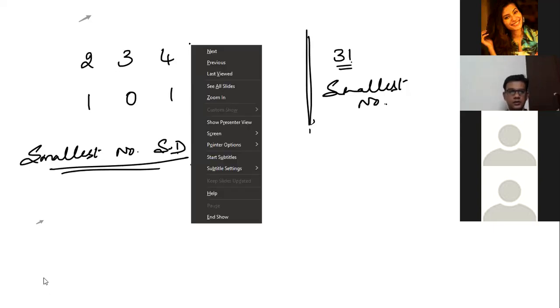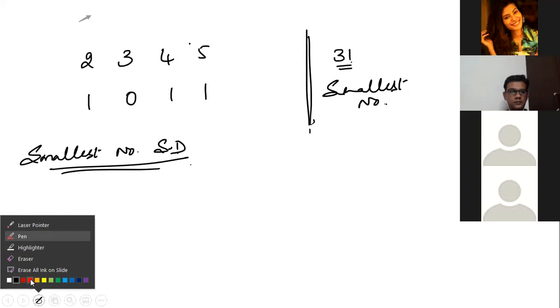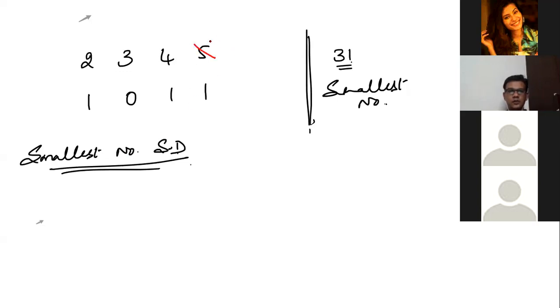The last divisor is 5, so ignore it. Take the remainder and multiply it with the previous divisor.